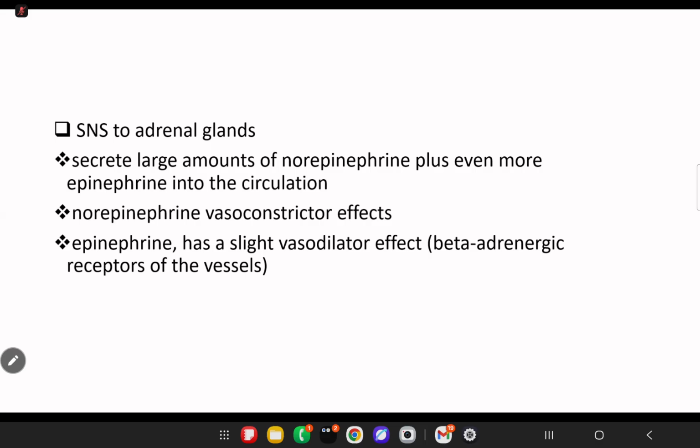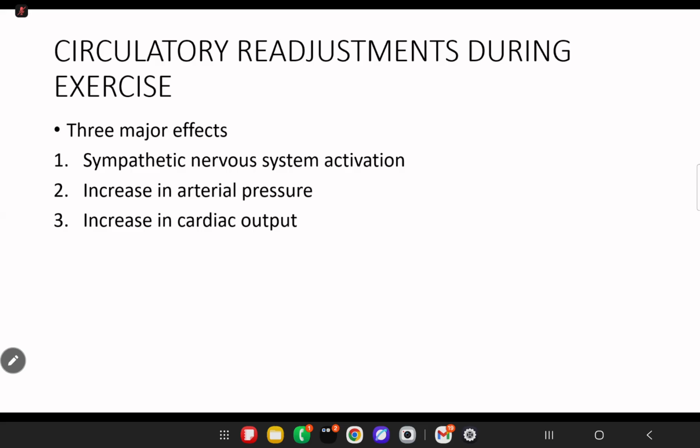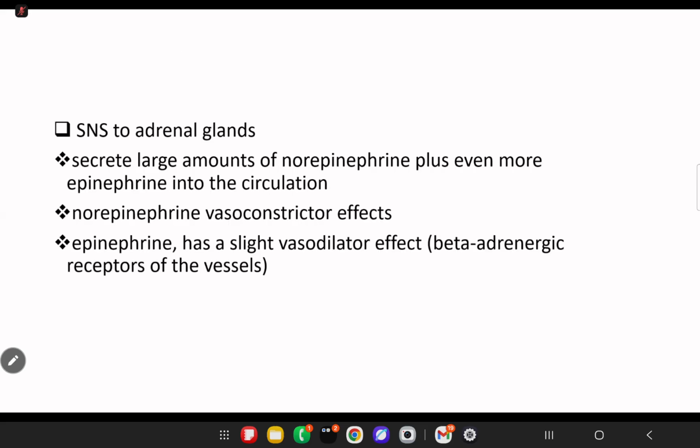Now, noradrenaline has only vasoconstrictor effects, but adrenaline has a slight vasodilator effect through its beta adrenergic receptors in the vessels. So, through that adrenaline effect on the skeletal muscle arterioles, there is vasodilatation as well.